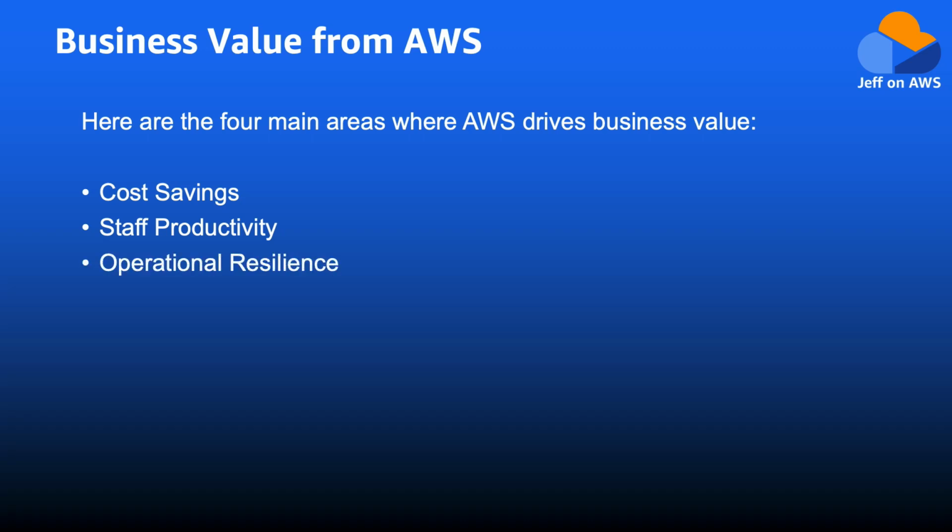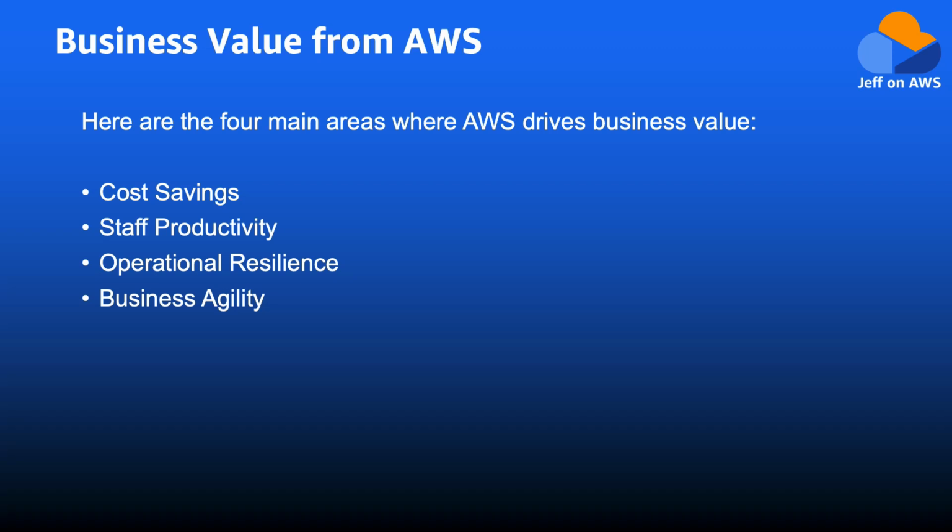There's operational resilience built into AWS. Less downtime equals more happy customers, and more happy customers means your business is growing. And then there's business agility, as you look at new services and innovative technologies, whether it's a chatbot, voice recognition, machine learning or other types of artificial intelligence.